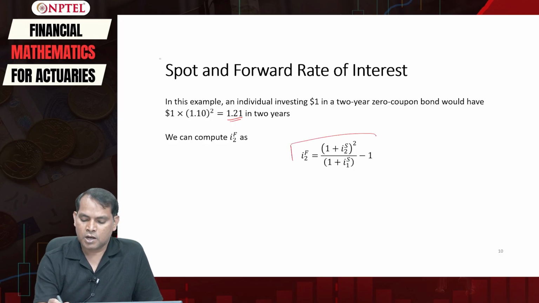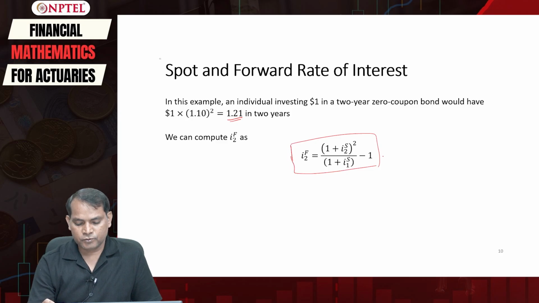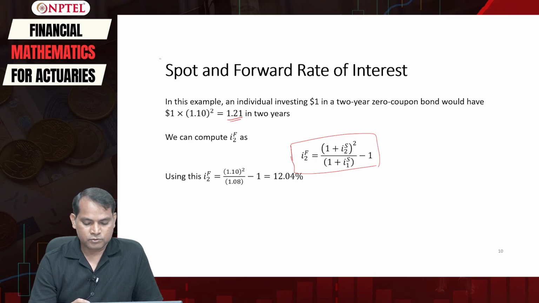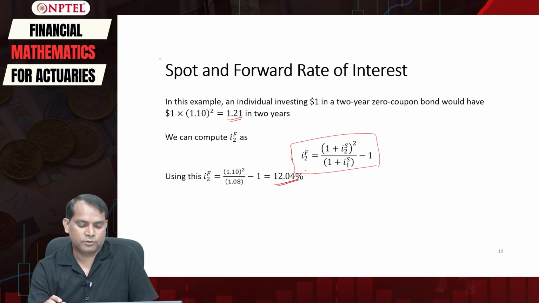I will tell you how we get this formula, but for now just take this formula; we can compute the forward rate given the spot rate using it. Using this we can compute 1.10 to the power 2 divided by 1.08 minus 1, which will be equal to 12.04.